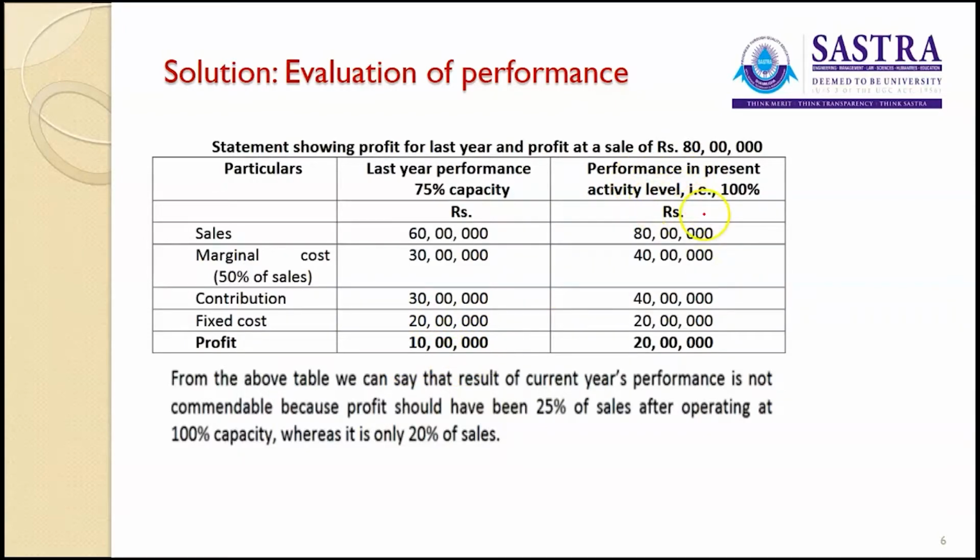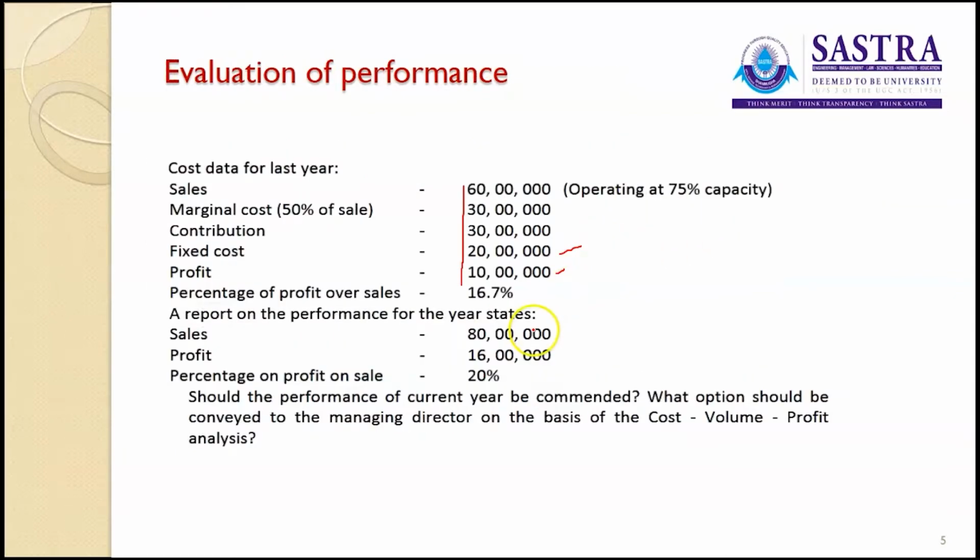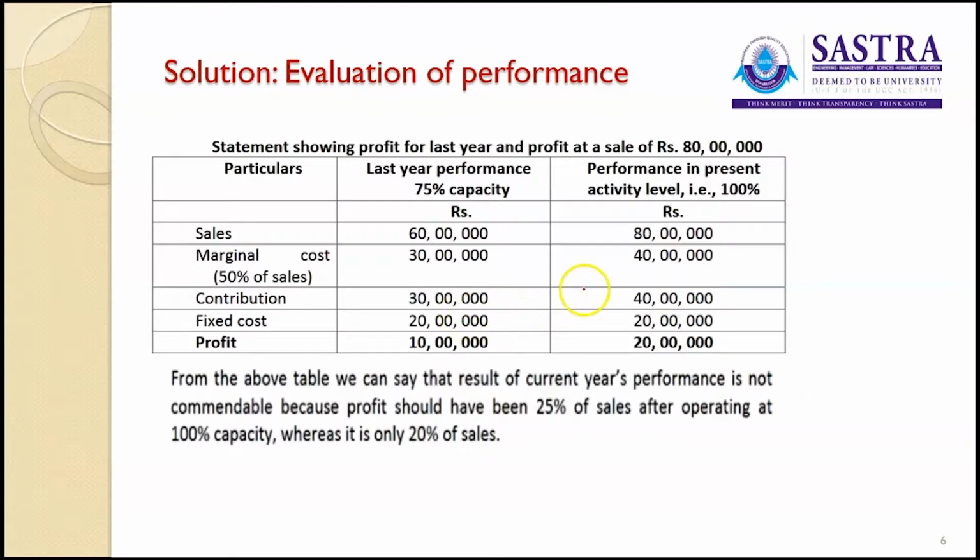Now performance on the present activity level, what is expected here? See, sales is 80 lakhs here. So sales is 80 lakhs, marginal cost is 50%, contribution is 40 lakhs, fixed cost is 20 lakhs, now the profit is 20 lakhs.